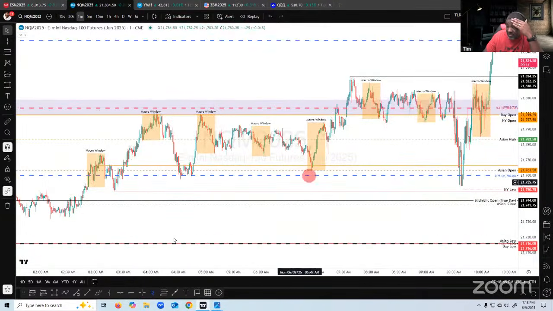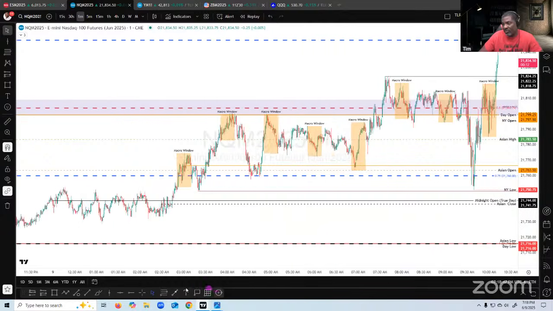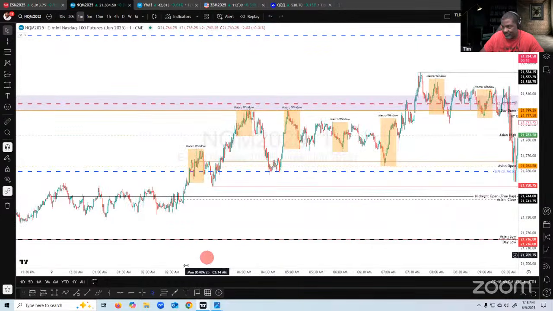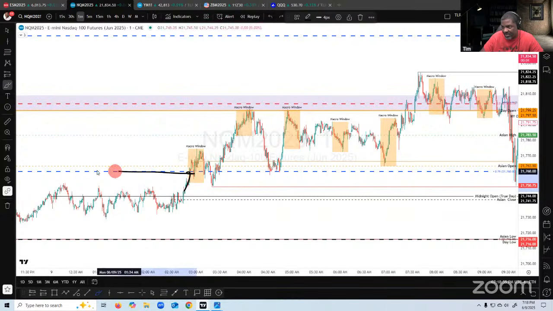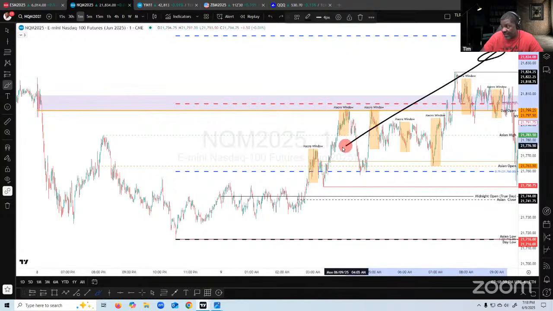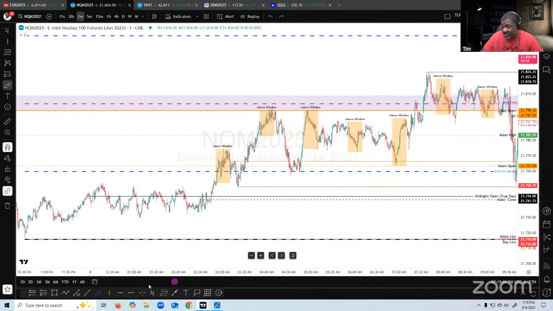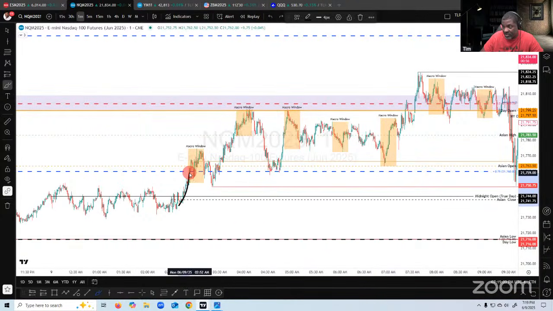But okay, we were at that lower quadrant there. At the macro time, we traded back up into that lower quadrant, what we know to be the lower quadrant in hindsight. At a certain time we traded up into the lower quadrant, and then we set a high.